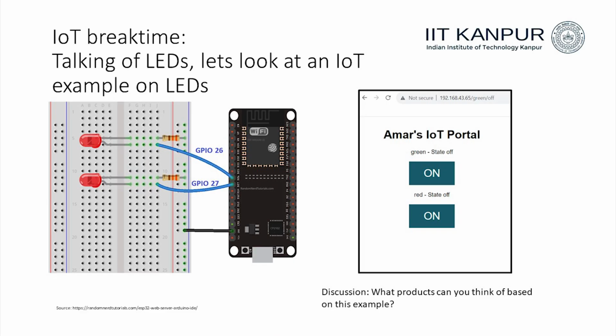So you have two LEDs connected to the microcontroller board, and two resistors, so that the current passing through these LEDs is not high, otherwise these LEDs may burn. Having done that, now I can access these two LEDs from a smartphone, and I can turn their states on and off. So having seen this, what products do you think can be based off this example?